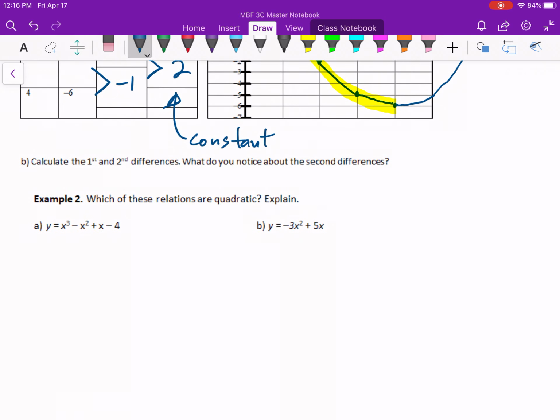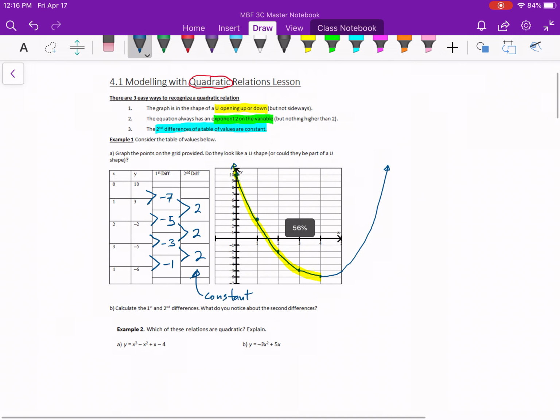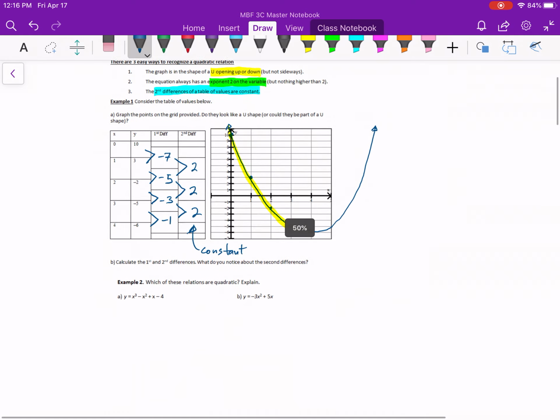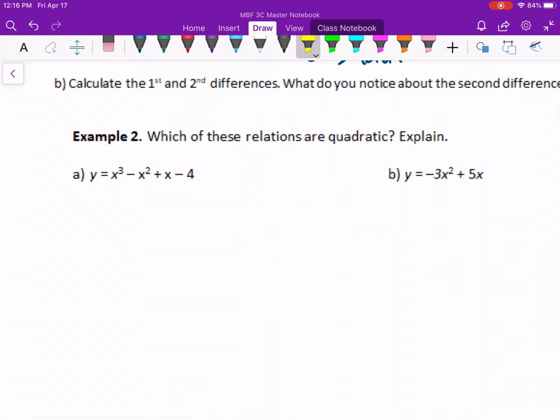Which of these relations are quadratic? Well, if we go back to how we recognize them, point number 2 at the top is that they always have a highest exponent of 2. So yes, there is an exponent 2 here in example A, but is it the highest one? Well, no. We have a higher one of 3.